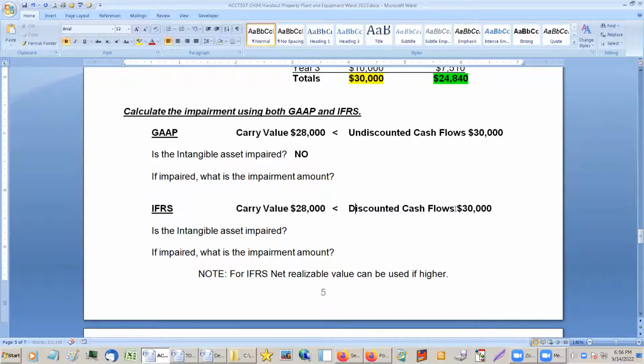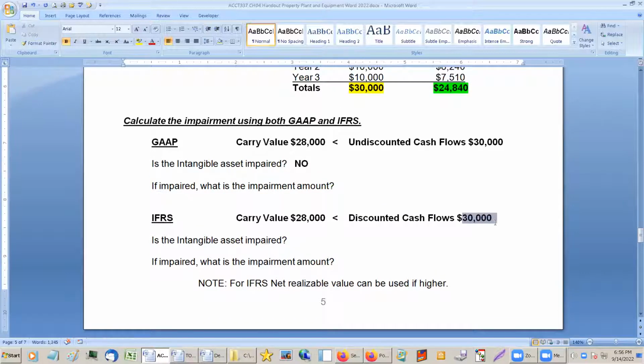The discounted cash flows are 24,000. So it is worth less than the discounted cash flows. I did that wrong. It's higher than the discounted cash flow. So this is what the cash flows are going to be coming in. This is what we have in our books. So is it impaired? Yes.